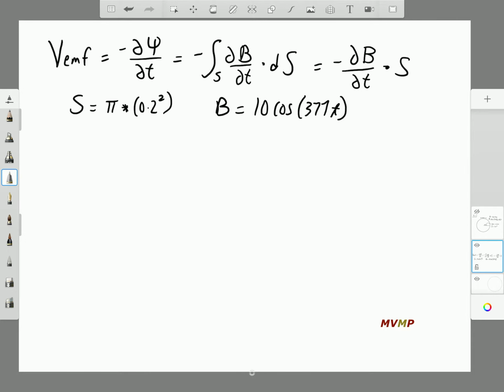So what we're going to do is take the VEMF, the negative derivative of the B. It's going to be a chain rule, so we do the outside multiplied by what's inside the parentheses. The derivative of the cosine is negative sine, and since we already have a negative, it just becomes a positive.